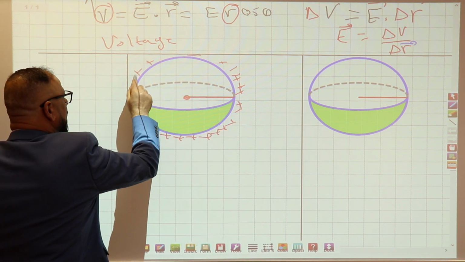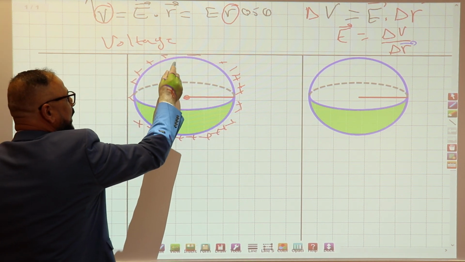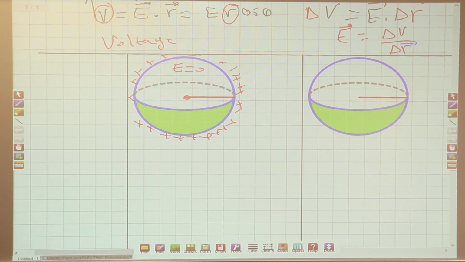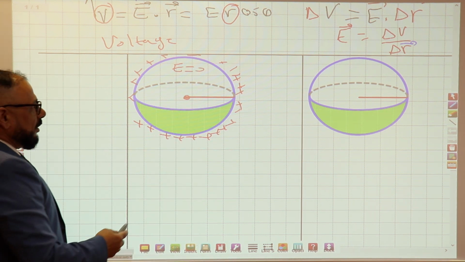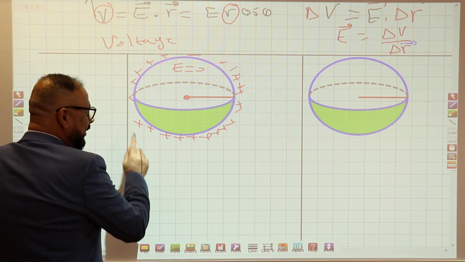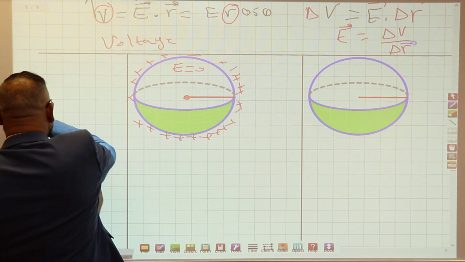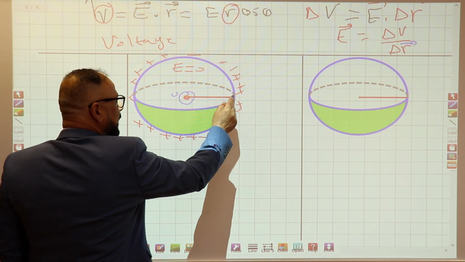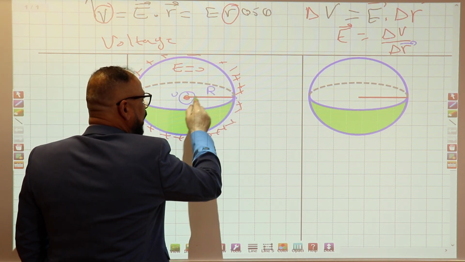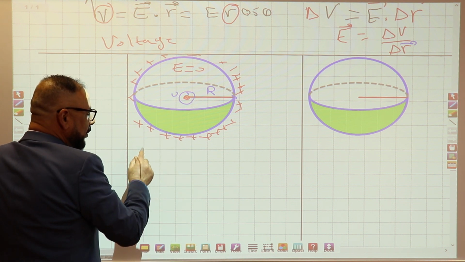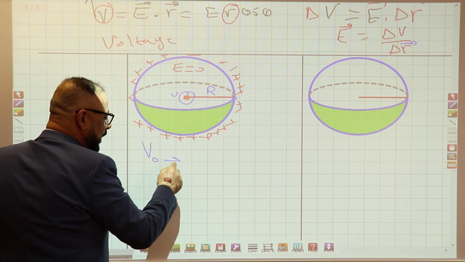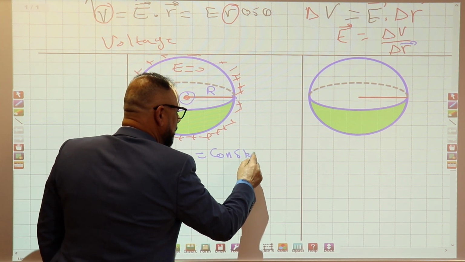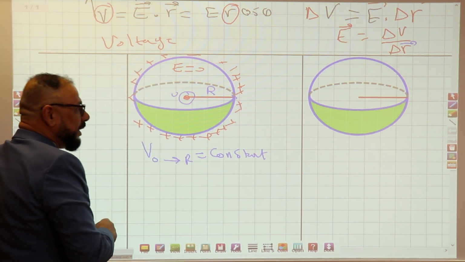Yesterday, in the last video, we said E inside equals 0. Today we're going to find the voltage V from the center of the circle, which is O, to the radius R, the surface. V from 0 to R is constant, the same value. We need it to be constant.